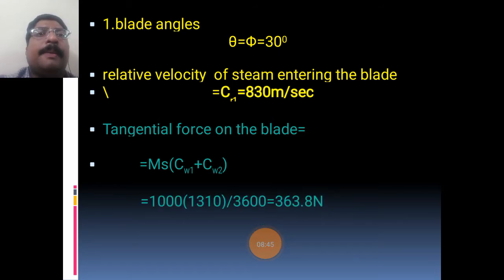So now MS, the mass of steam, is given as 1000 kg per hour, and CW is obtained as 1310. If you convert into seconds, then I get 1000 by 3600, that is 363.8 newtons. That is the tangential force on the blade.